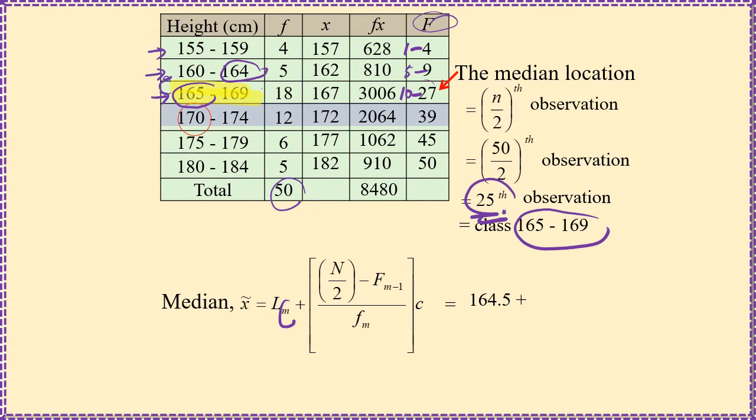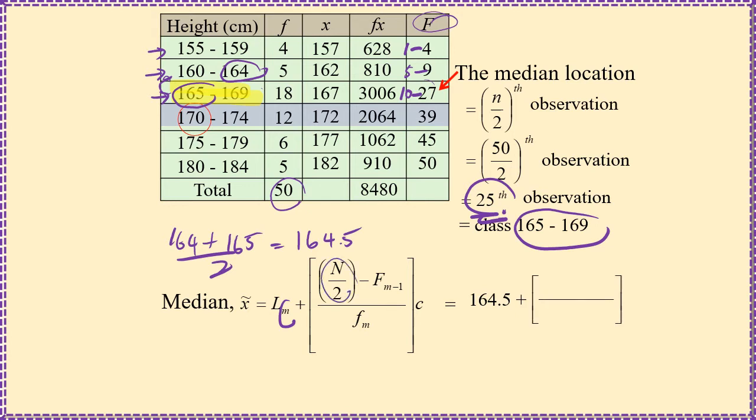Okay, so we just have to add up 164 and 165 and then divide by 2. So it will be 164.5. Okay, so we have the lower boundary 164.5. And then what is the next step? We have n over 2.